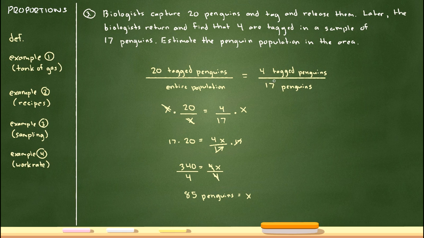So assuming that ratio holds, then we would assume we tagged a little bit less than 25% of the penguins in the entire population. Okay, so if you flipped the ratios, so if you said x over 20 is 17 over 4, you should still obtain 85 penguins as your estimation for the population.